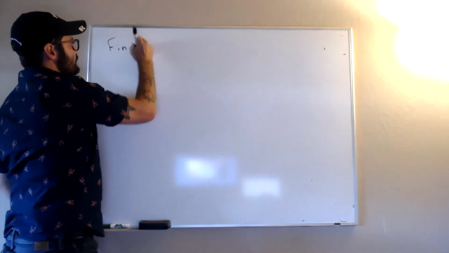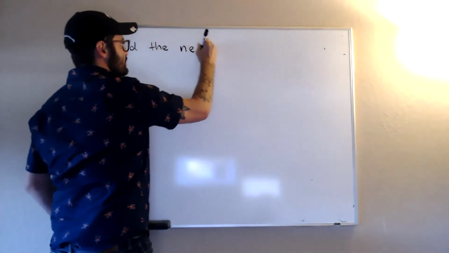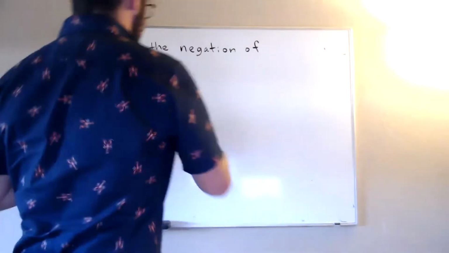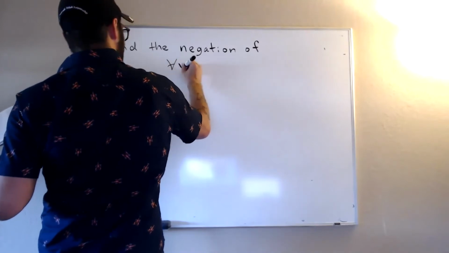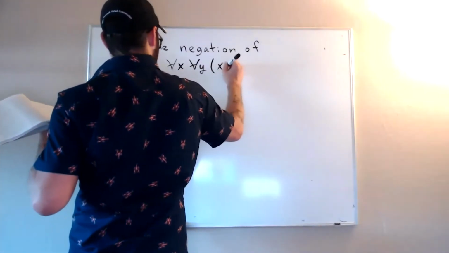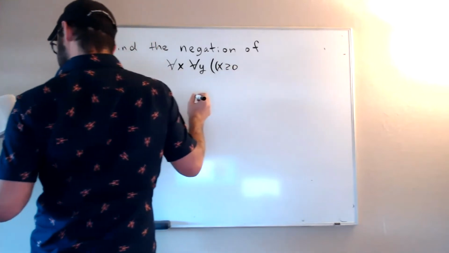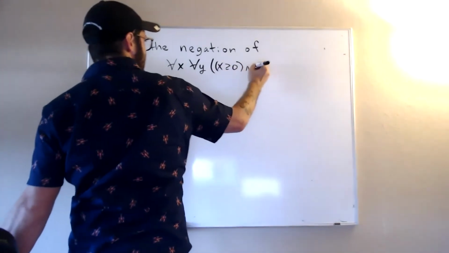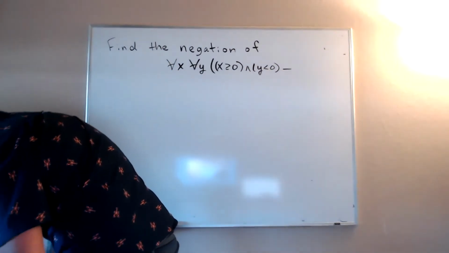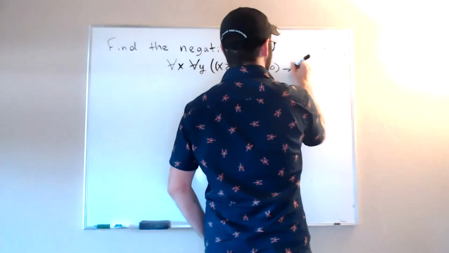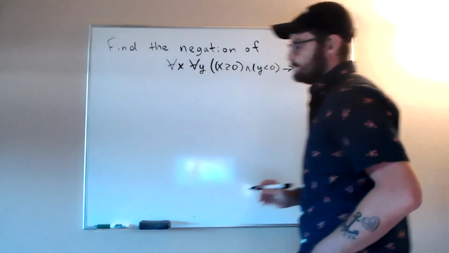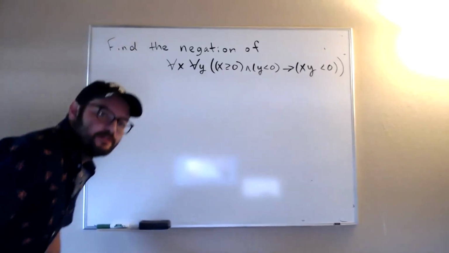So find the negation of the statement: for all x, for all y, x greater than or equal to 0 and y less than 0 implies x times y less than 0. Okay? So find the negation of this.